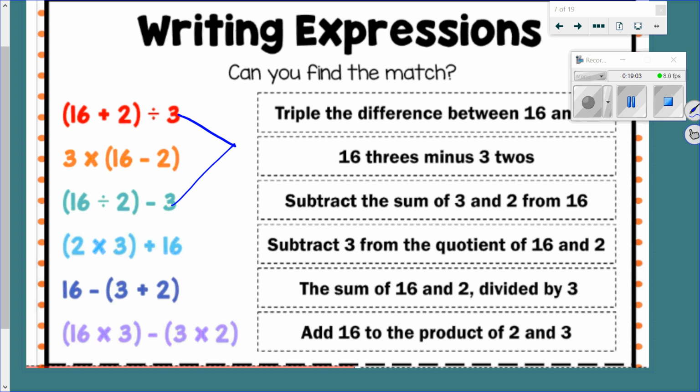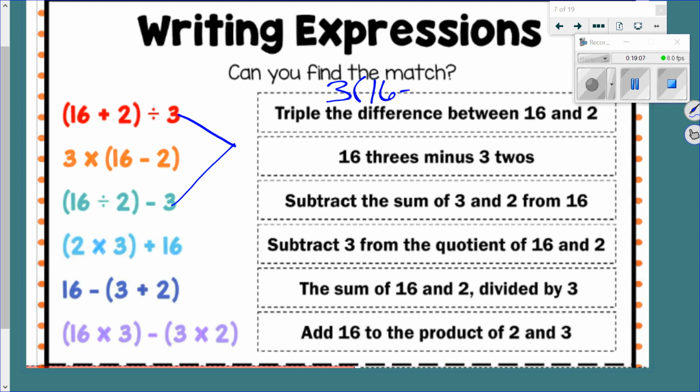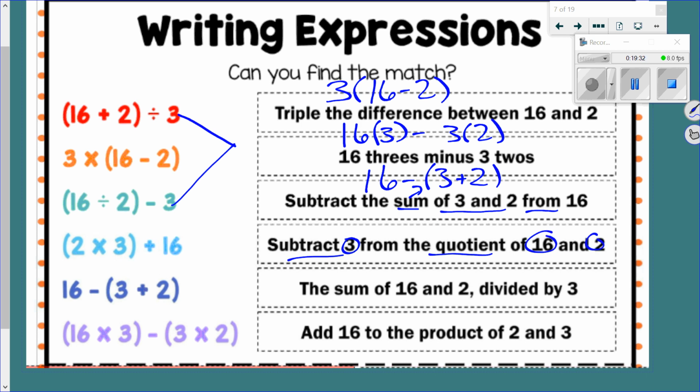So triple the difference between 16 and 2. 16 times 16 threes minus 3 2s. Subtract the sum of 3 and 2 from 16. Really important in this case that you have that parentheses. Subtract 3 from the quotient of 16 and 2.